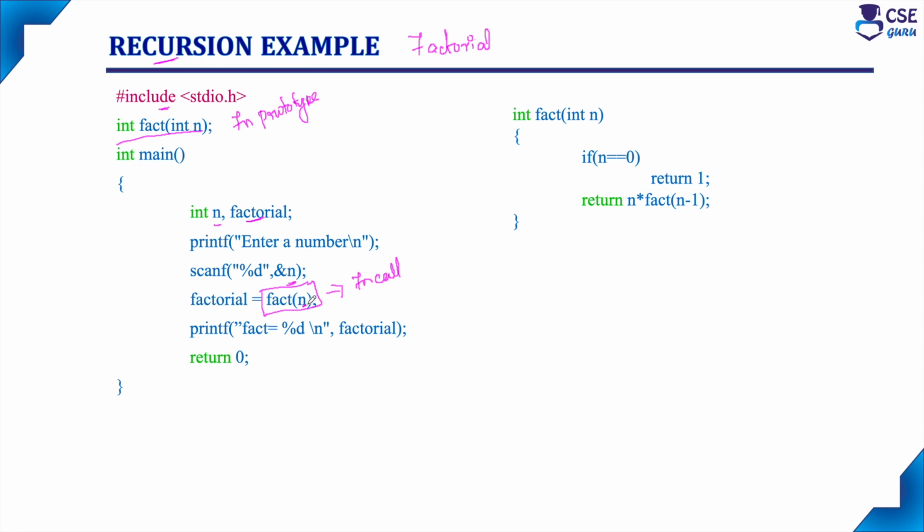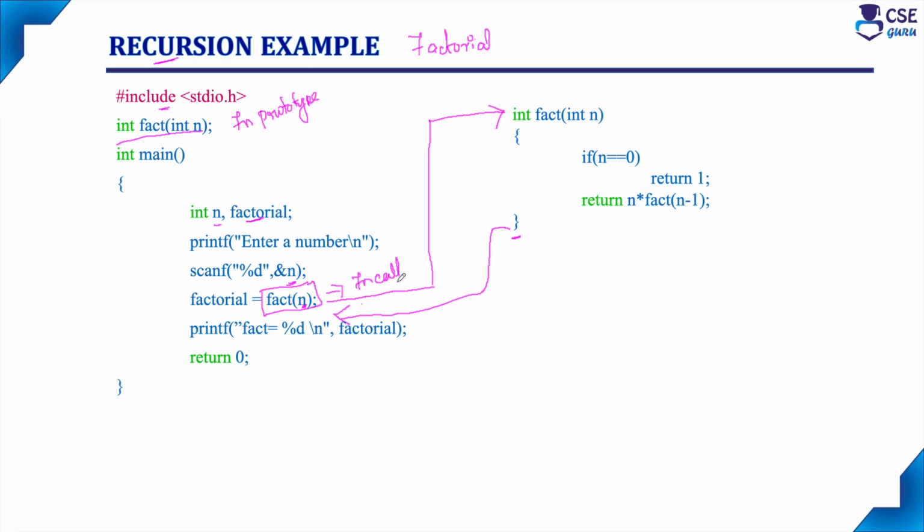This n is the parameter we pass, the actual parameter in the function call. When a function is called, control is immediately transferred to the user-defined function, which executes completely. Once it completes its execution, control is handed back to the function call.